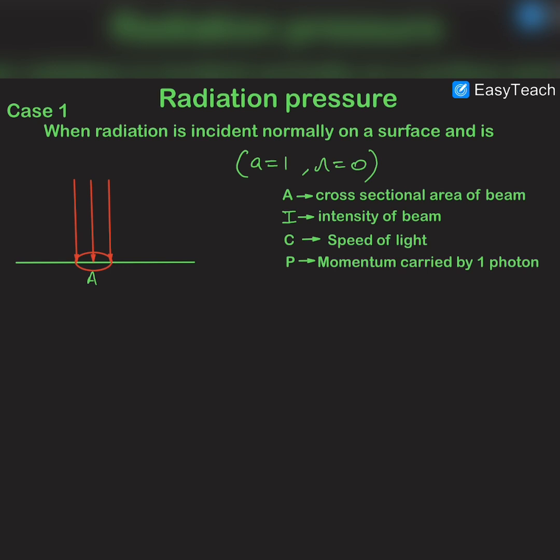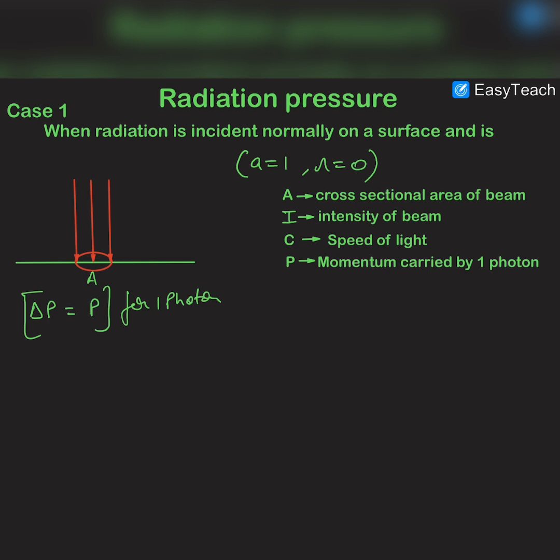So the change in momentum will also be p for any one photon, because these photons fall on the surface and get absorbed directly. They are not reflected back, therefore the change in their momentum is p.